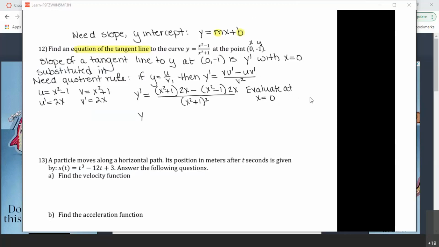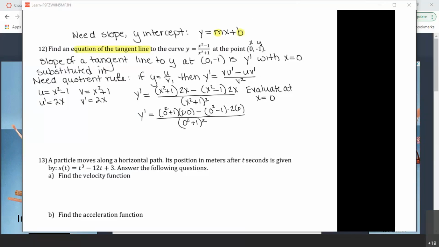Thank goodness it's a 0. So this is (0 plus 1) times 2 times 0 minus (0 squared minus 1) times 2 times 0, and this is (0 squared plus 1) squared.